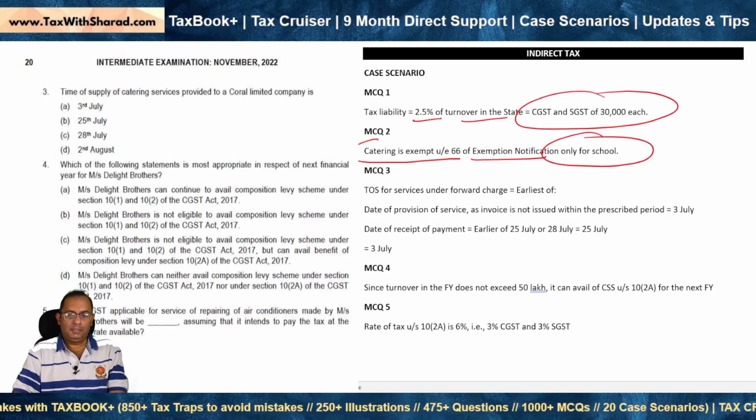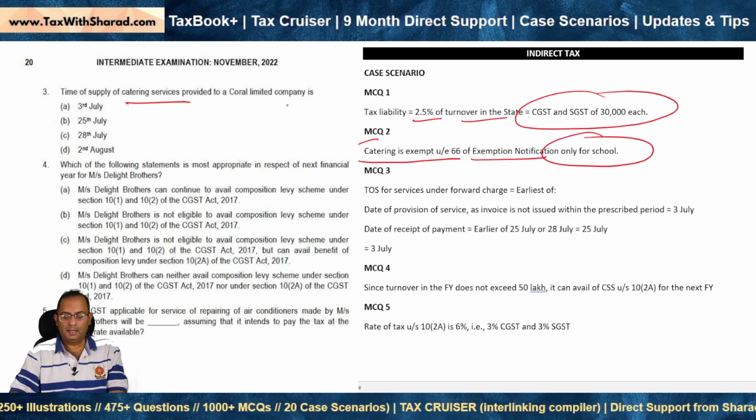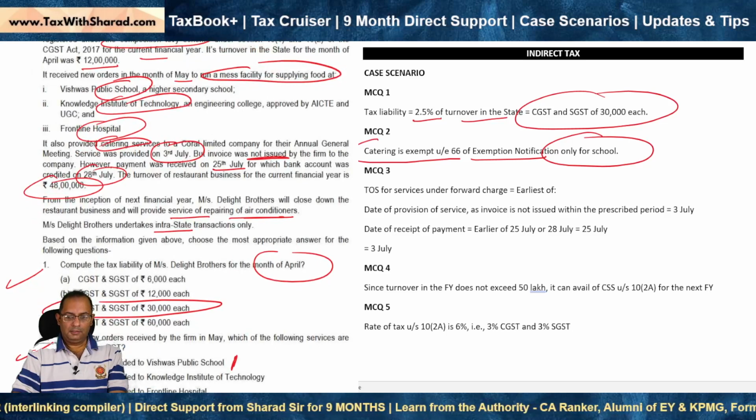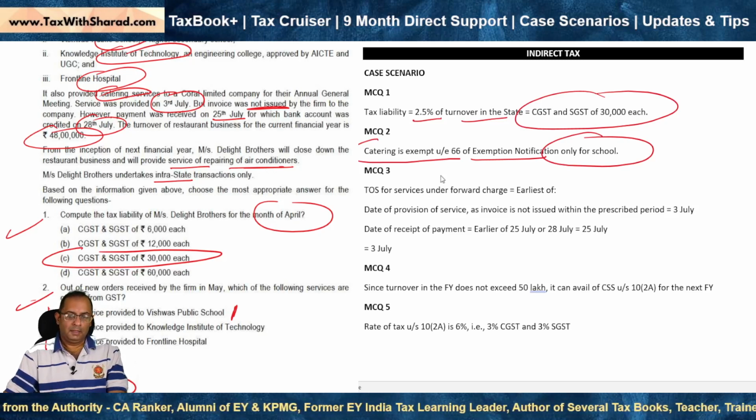The third question is, we need to figure out the time of supply for catering services provided to the Coral Limited company. It's catering, so it's not RCM, it's forward charge, right? And invoice has not been issued, but we know the date of receipt as well as the date of provision of service.